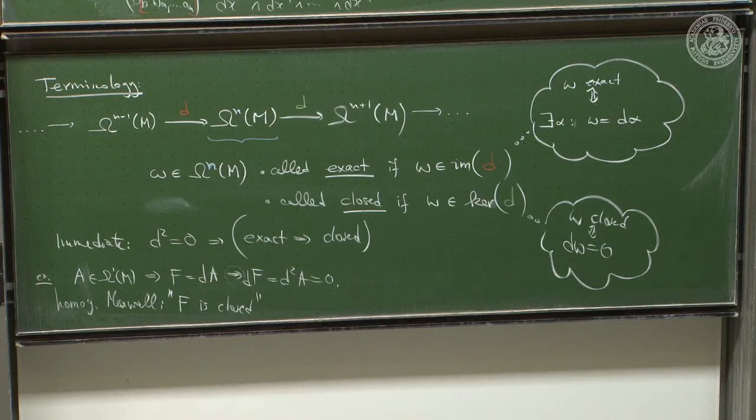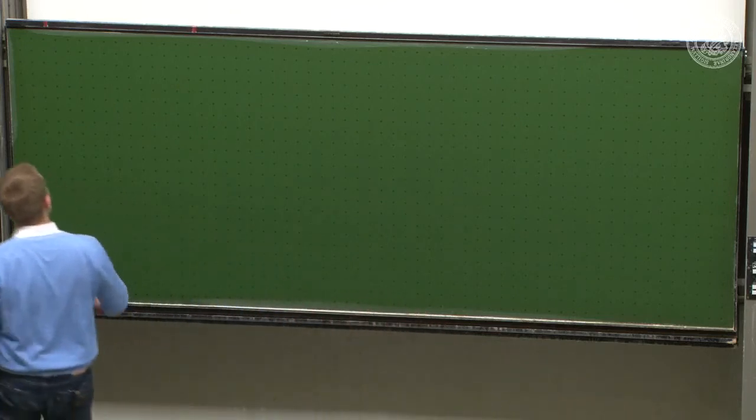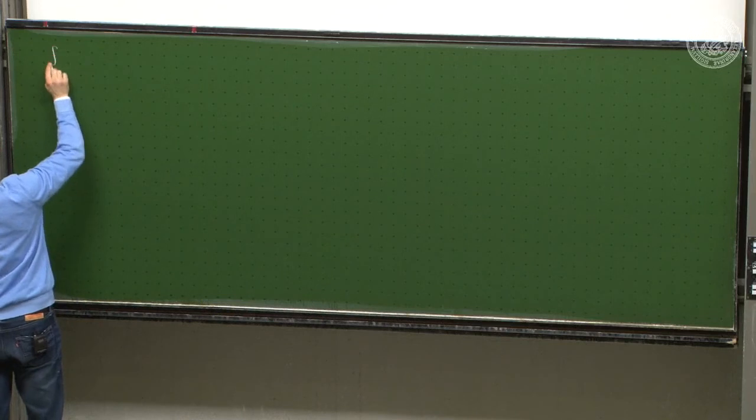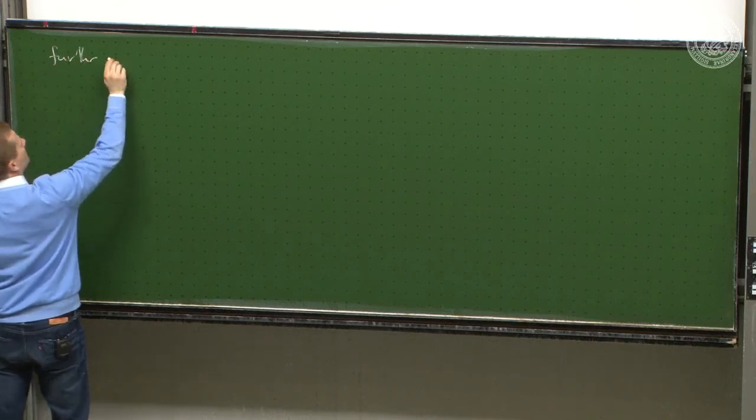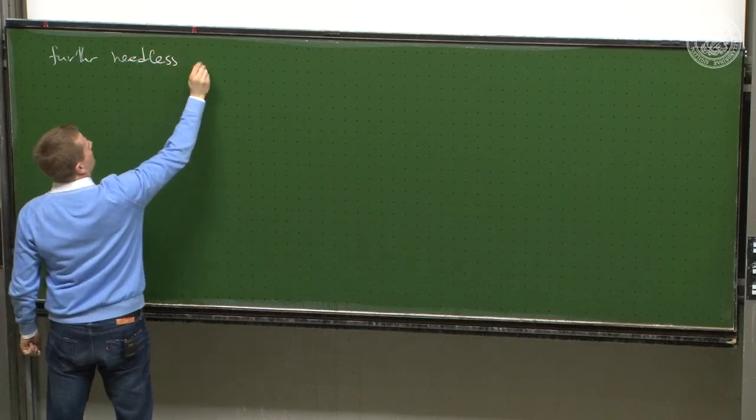That's a question you can ask. That's a question of immediate importance, for instance, in electrodynamics, and of course in many other fields. So in an attempt to make this subject incomprehensible, people further rename, so further needless terminology.